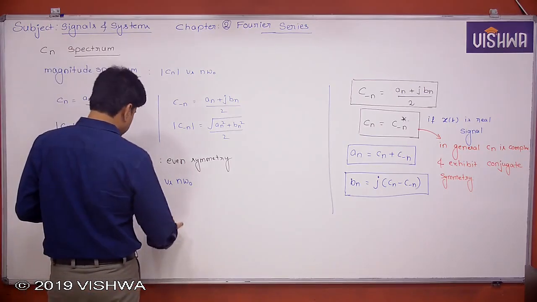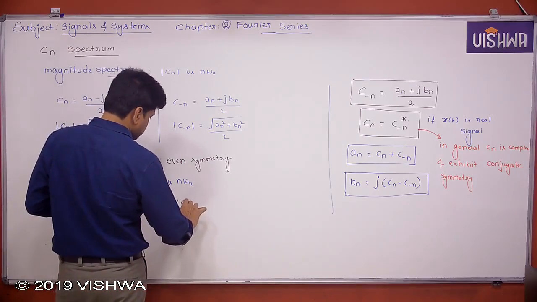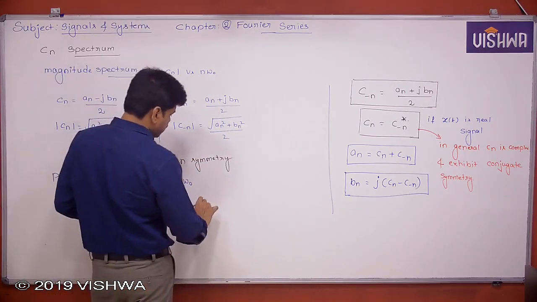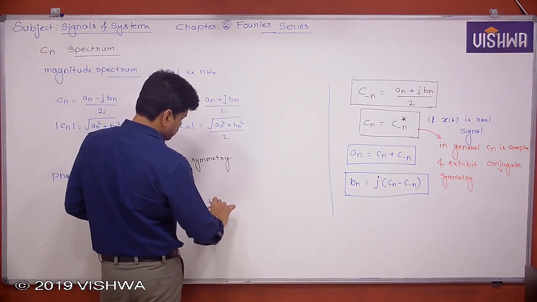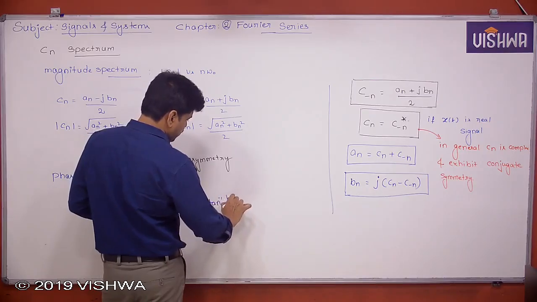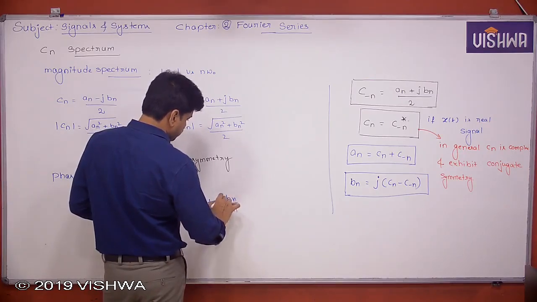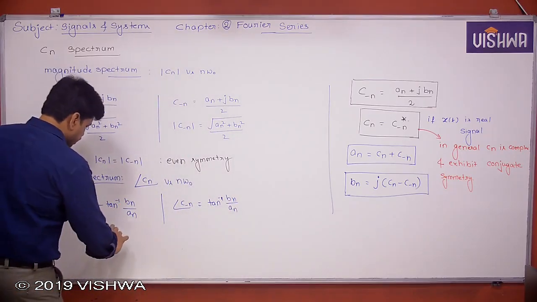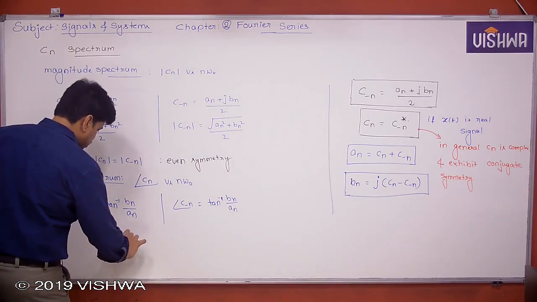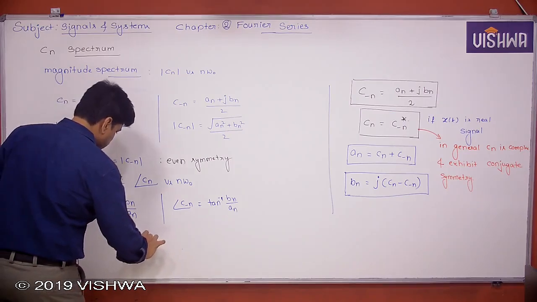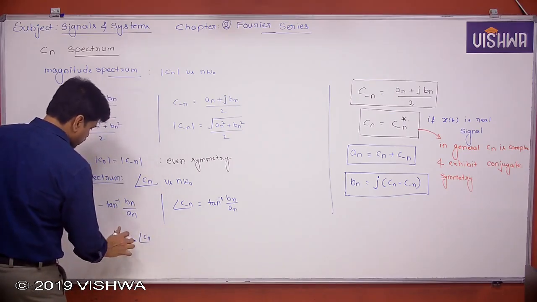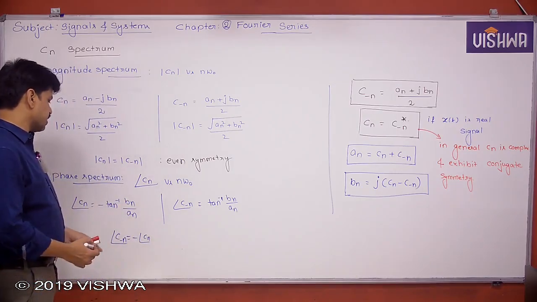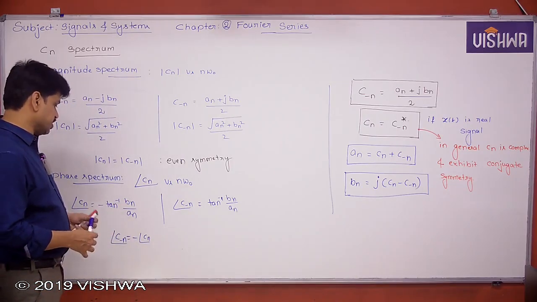If I take negative frequencies, angle of c minus n is directly tan inverse bn by an. So if you observe carefully, angle of c minus n is equal to angle of Cn with a negative sign, because these two have a sign difference.